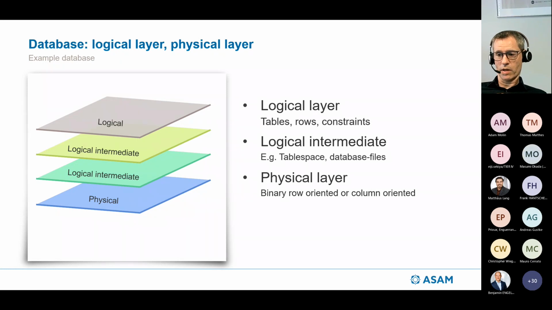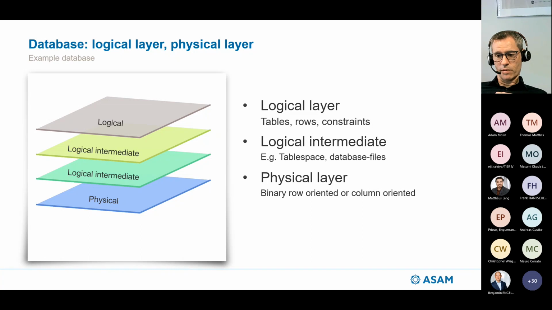On the logical layer, you have tables, rows, and constraints, and there might be an intermediate layer with table spaces and database files, which you can also manage, but on a lower level.